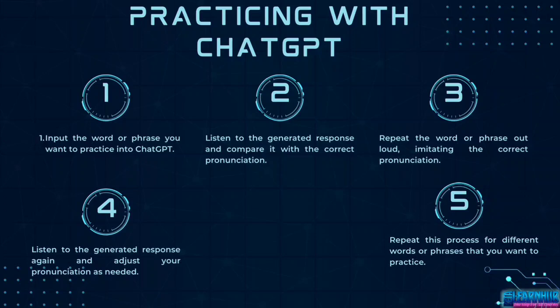Role playing games. ChatGPT can create role playing games where you take on different roles and engage in conversations with the virtual characters. This can be a great way to practice fluency as you can have interactive dialogues. So, an example prompt: you are a tourist visiting a foreign country.